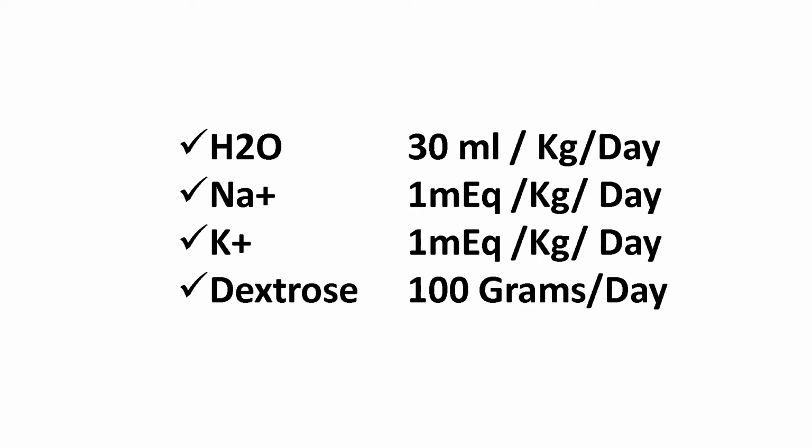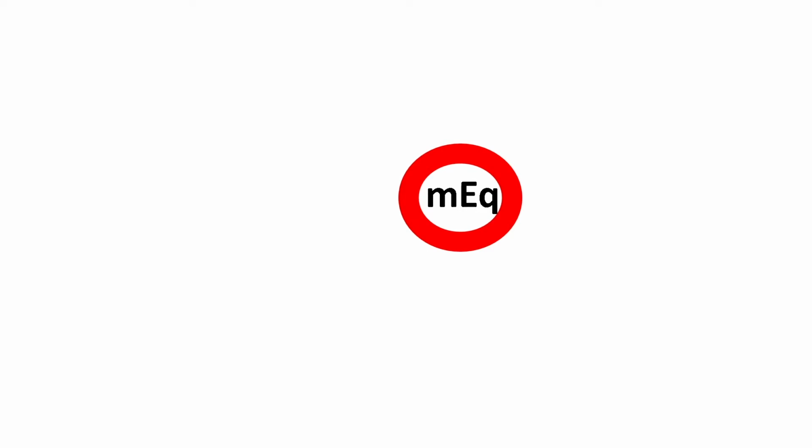Water is mentioned as ml, dextrose is mentioned as grams, sodium and potassium ions are mentioned in milliequivalent. We understand milliliter, grams, liter, kilograms, etc. But many of us fail to know exactly what a milliequivalent means.